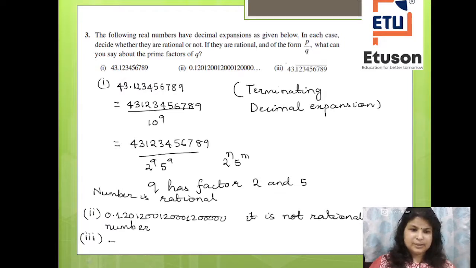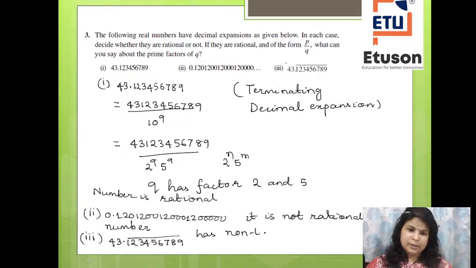Third bit. In the third bit, it is very clear that your numbers are getting repeated. So it has a non-terminating recurring decimal expansion.